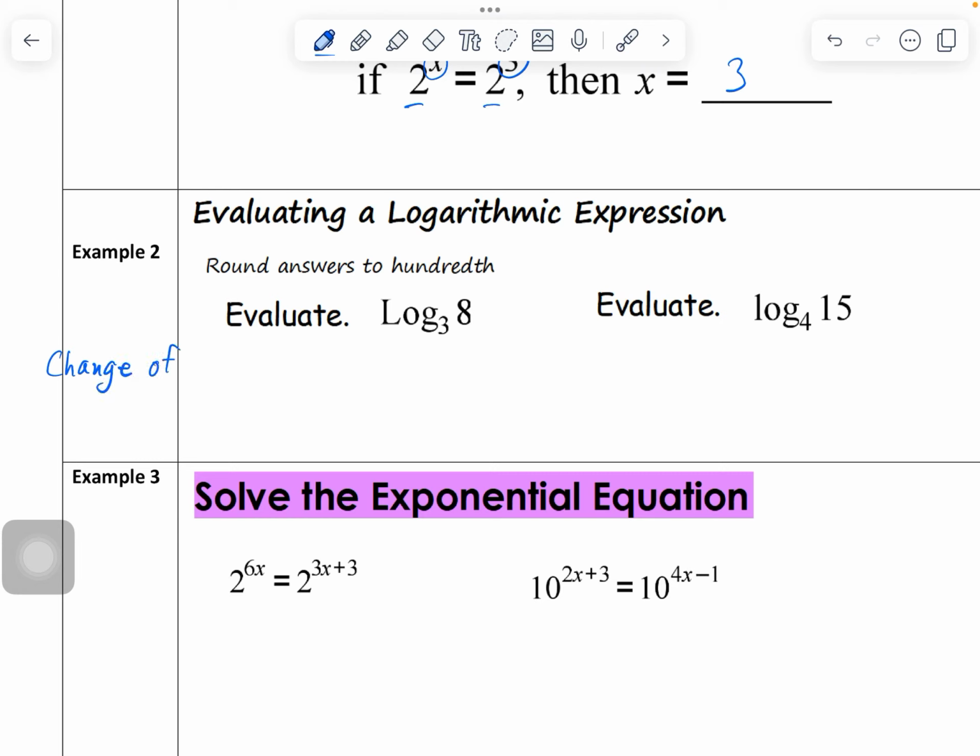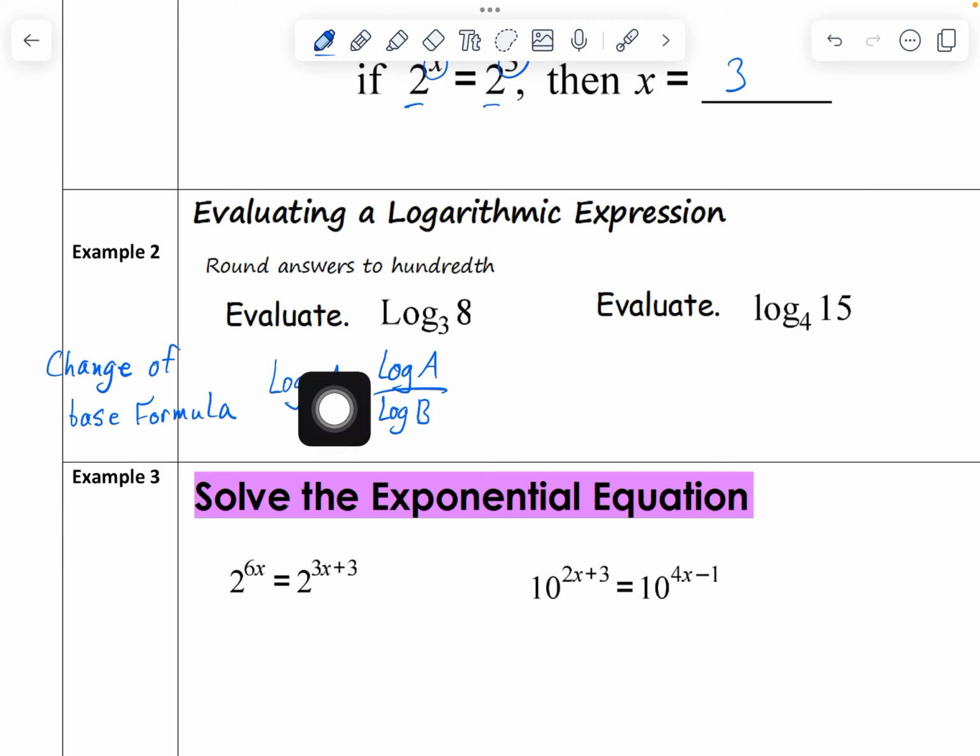So the change of base formula: log base b of a is equal to the log of a divided by the log of b. So we take the log of our number here, which in this case is a, divided by the log of b. And you can just use the common log button for your calculator.